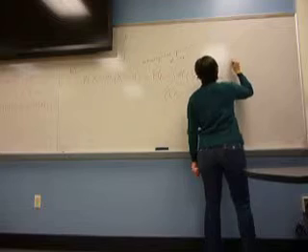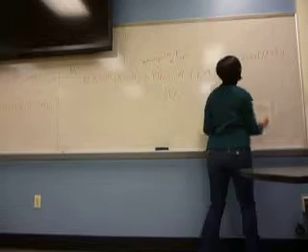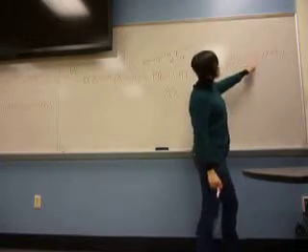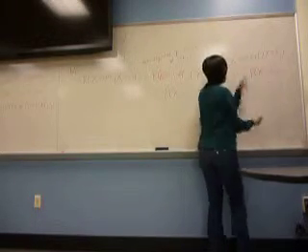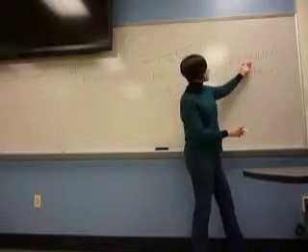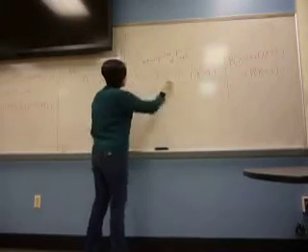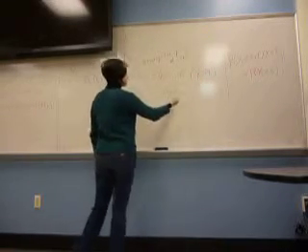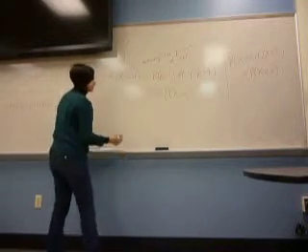The property is: probability x greater than s plus t, given x greater than t, equals probability x greater than s. If I know x is already greater than t, the probability that it exceeds an additional amount s is just, I ignore the t that I already waited for. I just look at the additional time I wait. So if I already know the repair time exceeds 9, the probability that it exceeds 10 is just the additional amount.